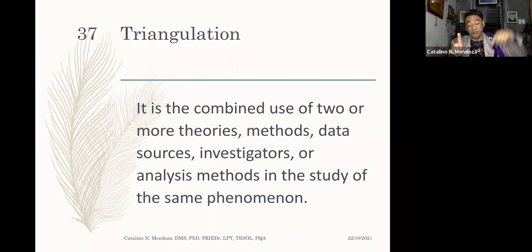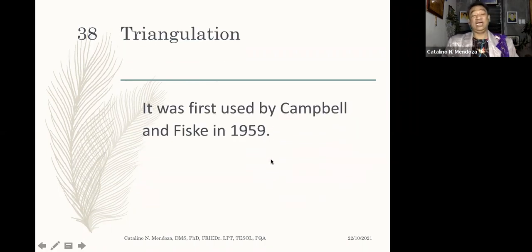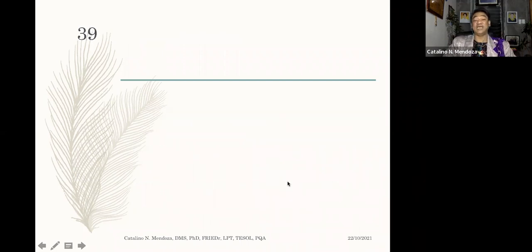But if you want to know something deeper, you have to apply qualitative research design to be able to measure the why and the how this data is statistically arrived at. So triangulation was first used by Campbell and Fiske in 1959.